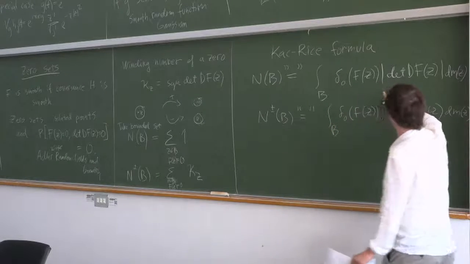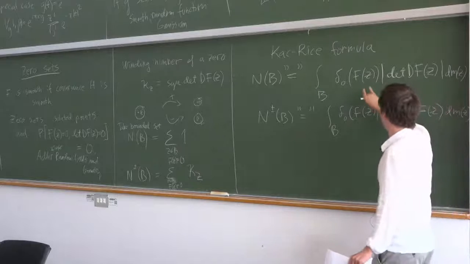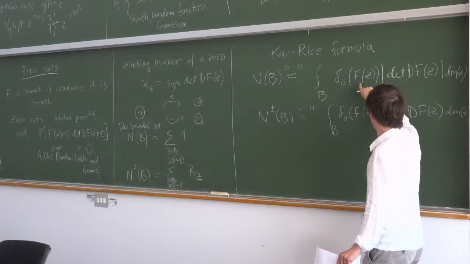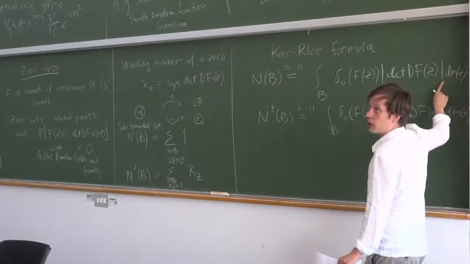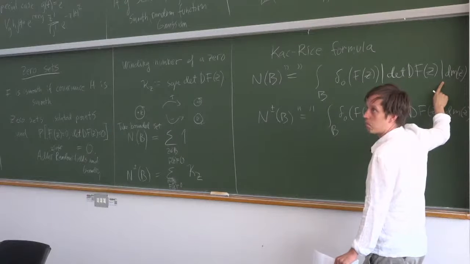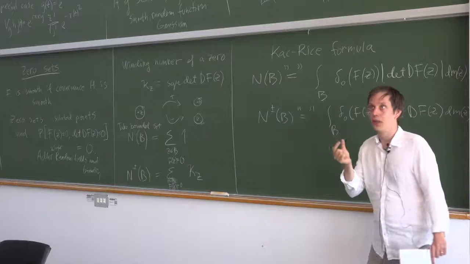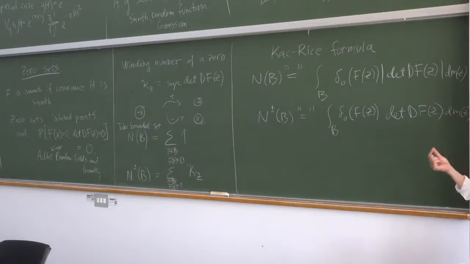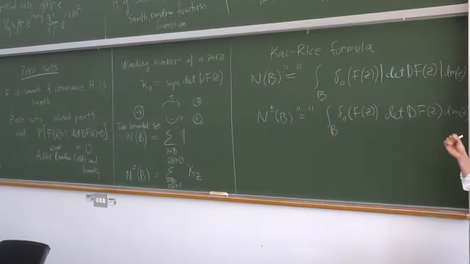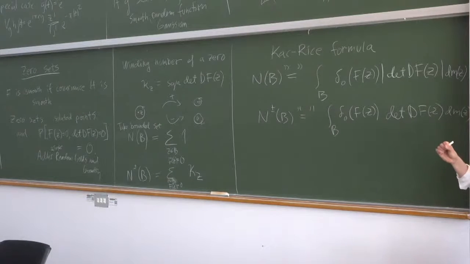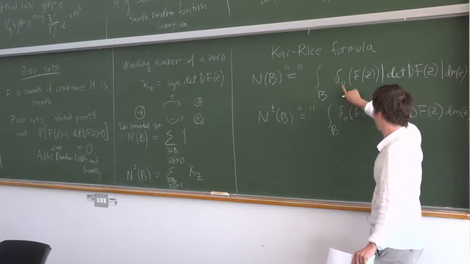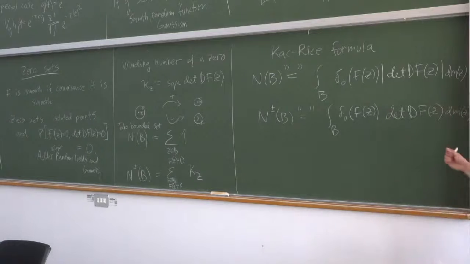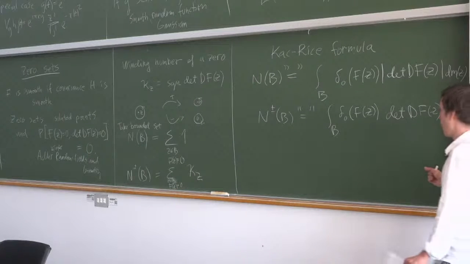Then you can make a change of variables, Fc equals w. Then you will get w here, and this will be the Jacobian of the transformation. When you make this change of variables, you pick only one zero from that neighborhood, because there is only one zero, so you get just delta evaluated at 0 from that little neighborhood.